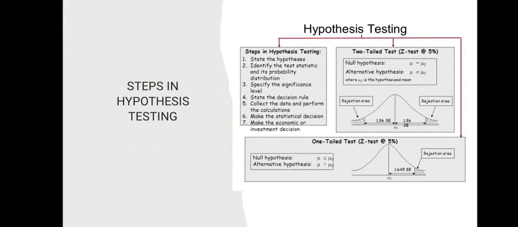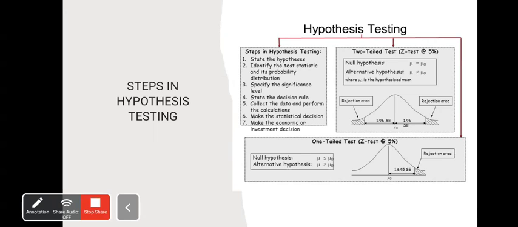And the one-tailed z-test at 5% significance level: the null hypothesis states that mu is less than or equal to mu naught, and the alternate hypothesis states that mu is greater than mu naught. So in this case, it's a one-tailed z-test at 5% significance level, and we have the rejection area on the right.